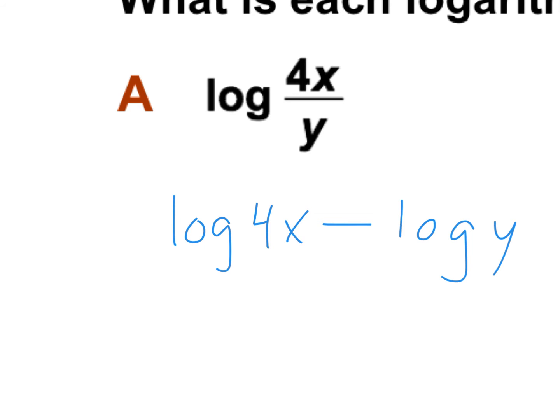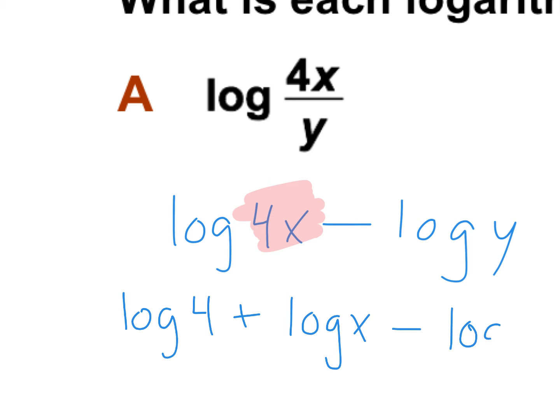What's happening between this 4 and the x? Multiplication. So we can expand it even more. What goes with multiplication? Adding. So we're going to add them. So log 4 plus log x minus log y.